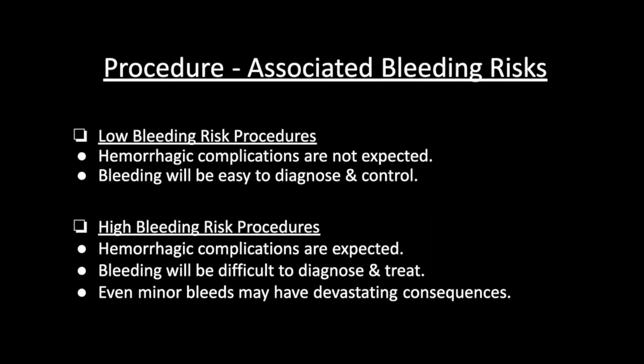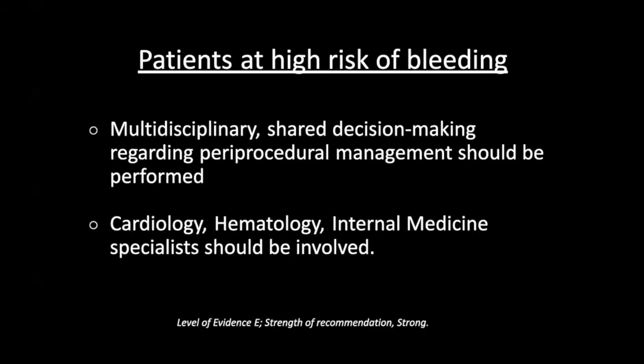If it's a high bleeding risk, these are procedures where you already expect that these patients might have some bleeding complications, or if they have bleeding, it may be difficult to treat or difficult to diagnose. Or sometimes you may have minor bleeds in places that may cause devastating consequences. So you have to consider all this again for your procedures.